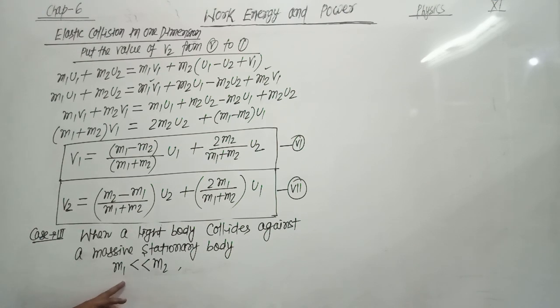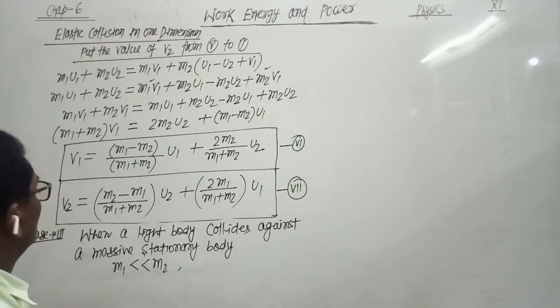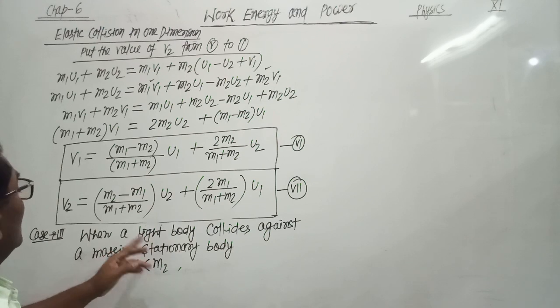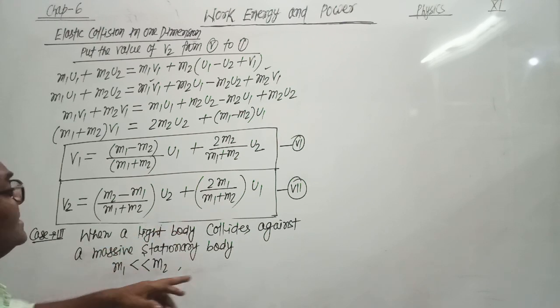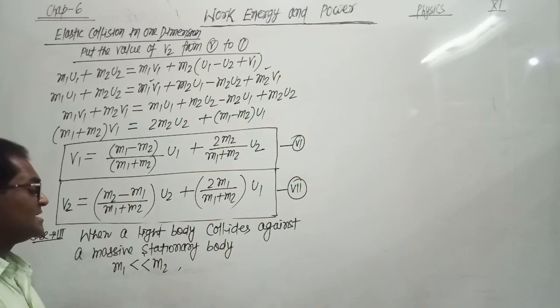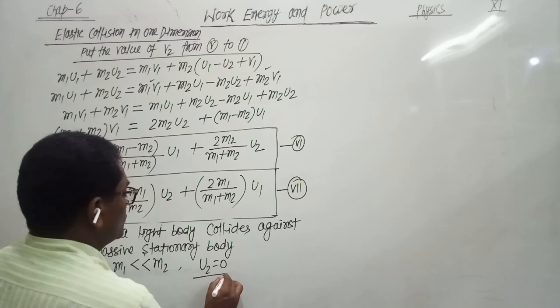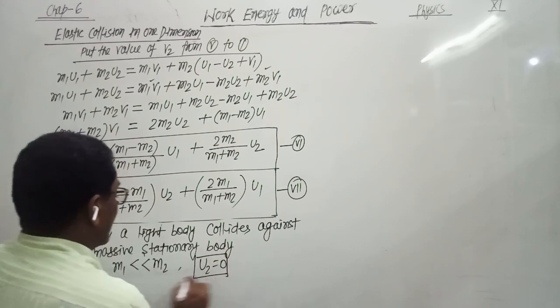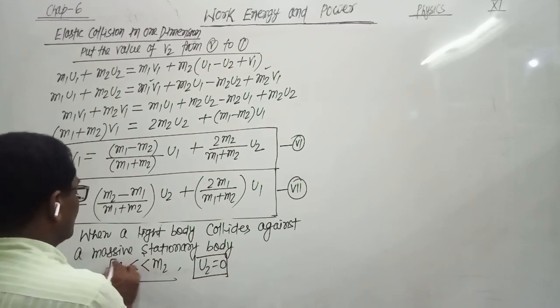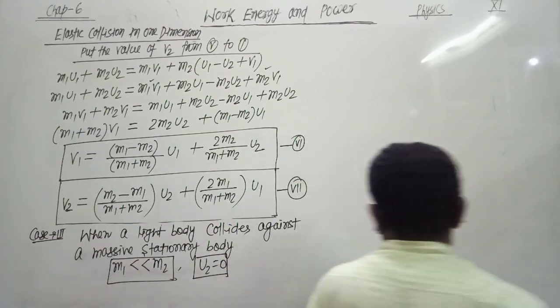The lighter body m1 collides against a massive body m2. Body B is stationary, meaning before collision u2 is 0. The massive body, body B, is at a stationary position.